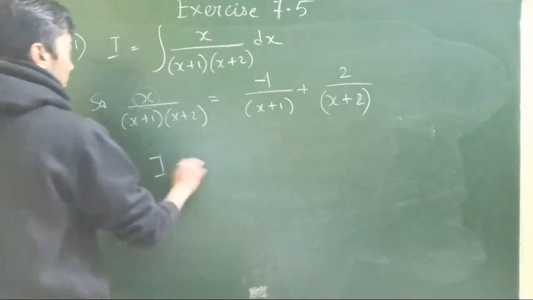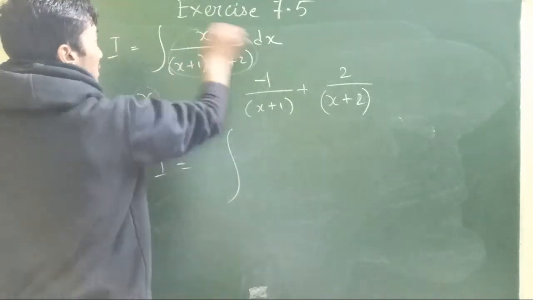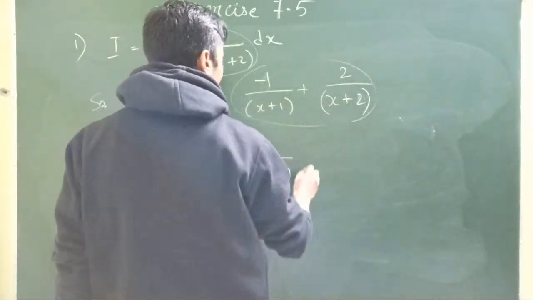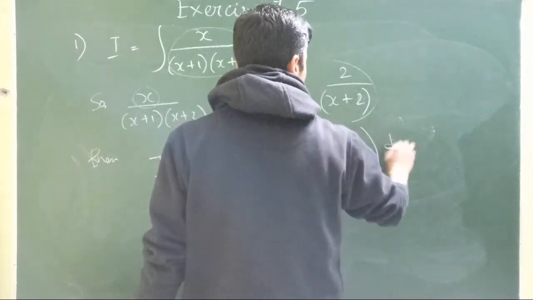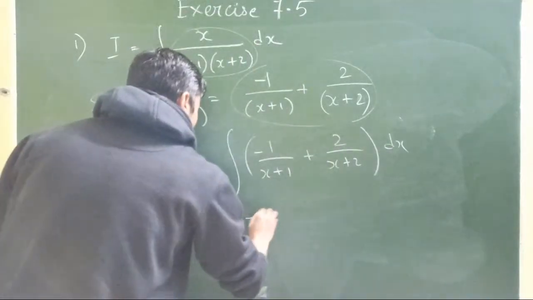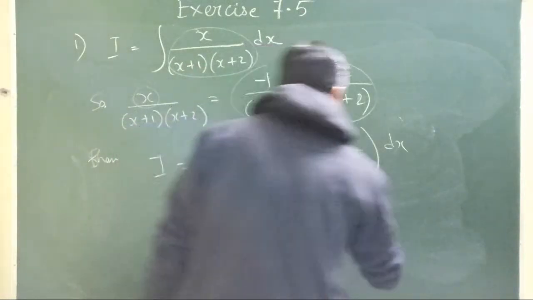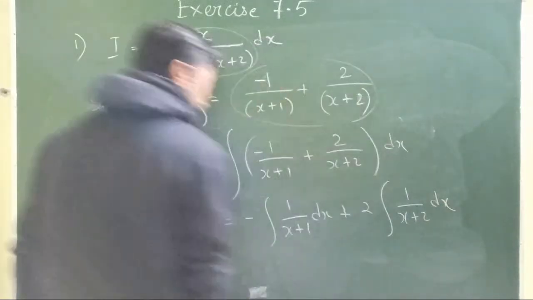My integration will now become, I'll just write directly. This can be written in this form: minus 1 by x plus 1 plus 2 by x plus 2 with respect to x. So that is minus the integral of 1 by x plus 1 with respect to x, plus 2 times the integral of 1 by x plus 2 with respect to x.